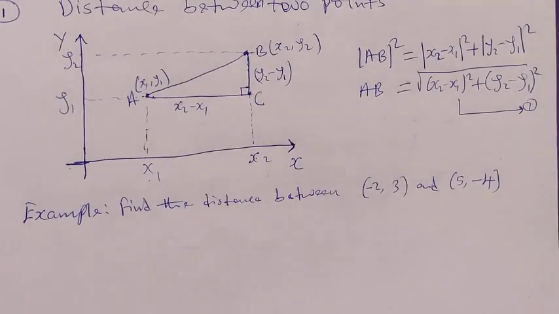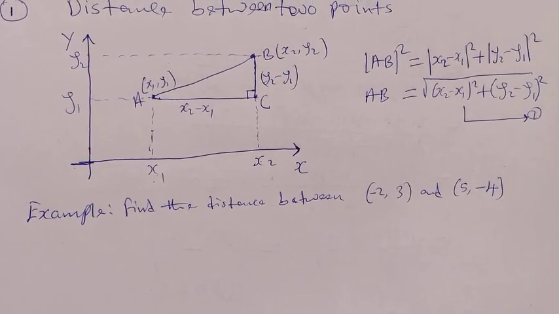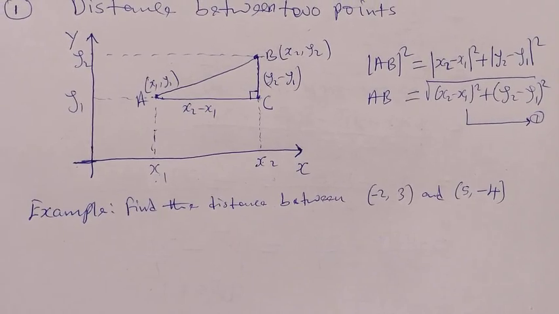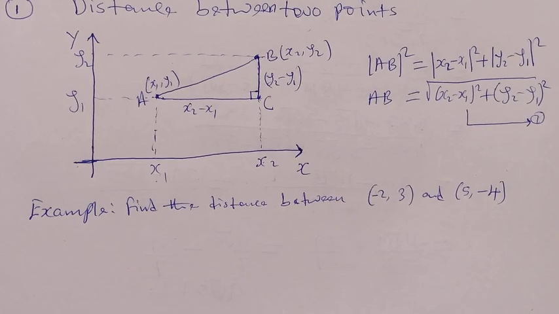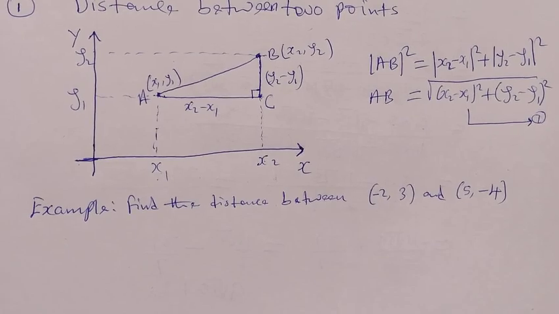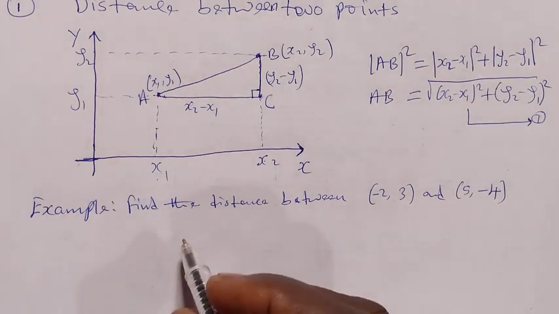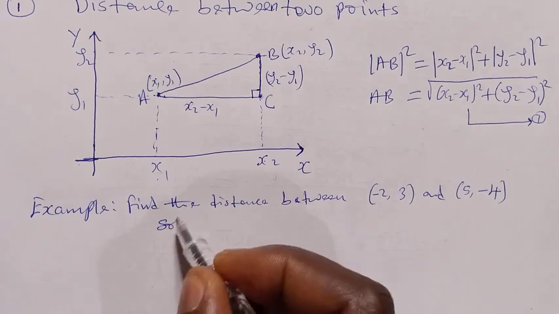Okay, we have an example here, and in this example we are to find the distance between the first coordinate, which is -2, 3, and the second coordinate, which is 5, -4. So let's solve this together. Solution.